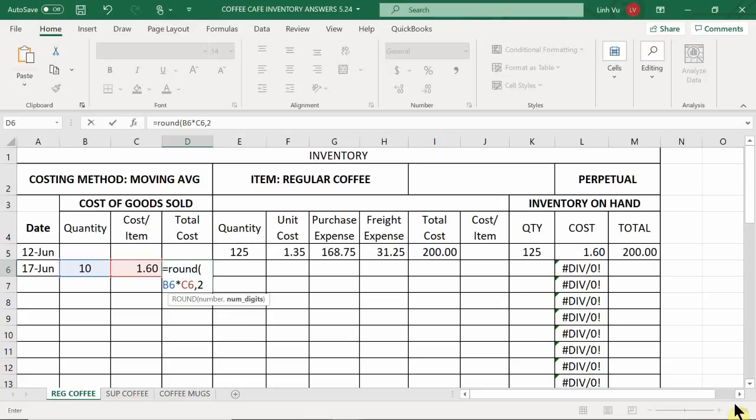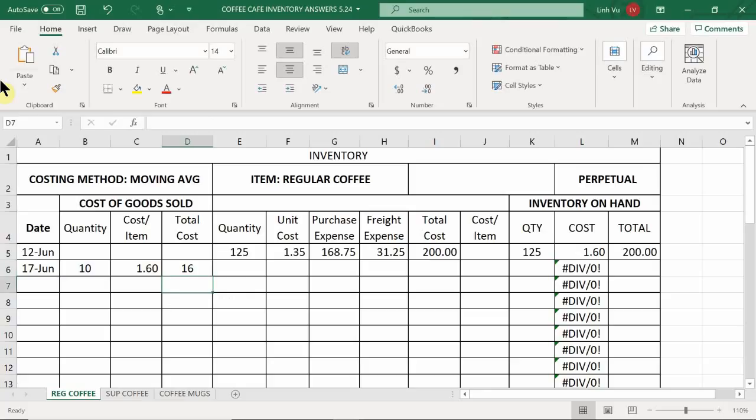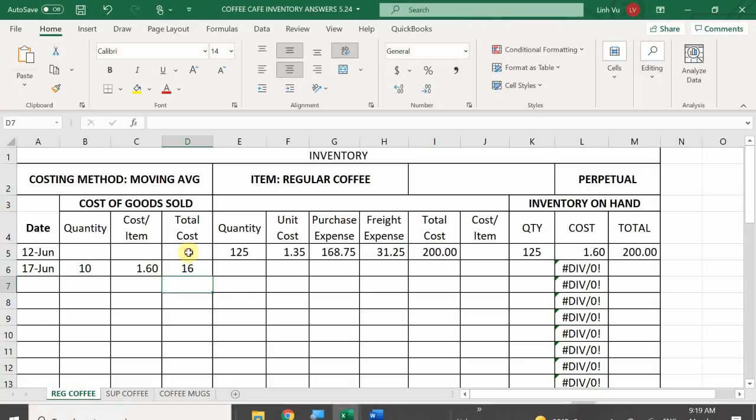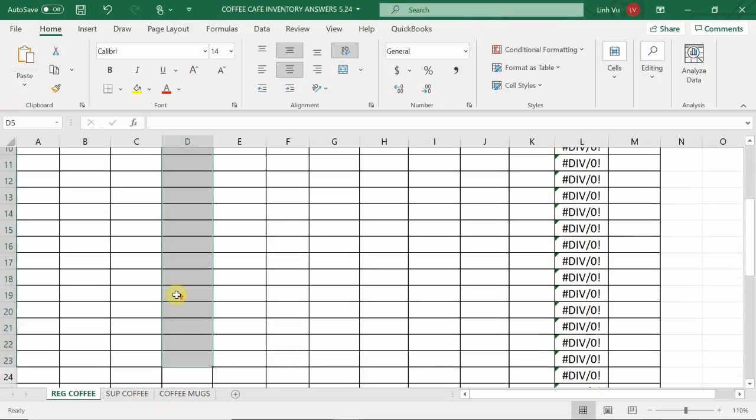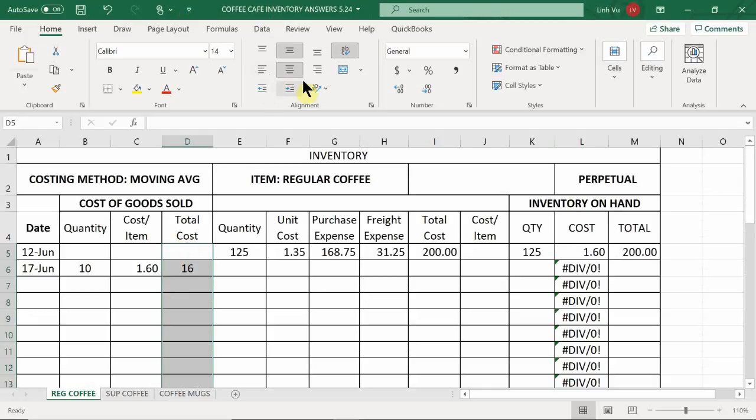Oh, that's 16. Good job. There you go. It's going to cost me $16, which I've already incurred because I've already purchased it.